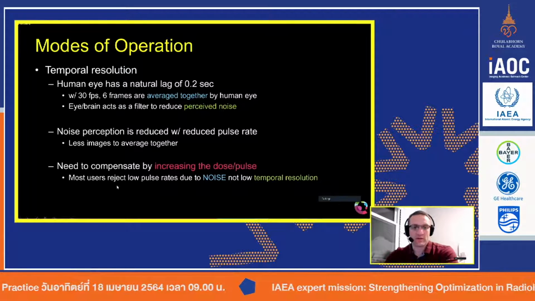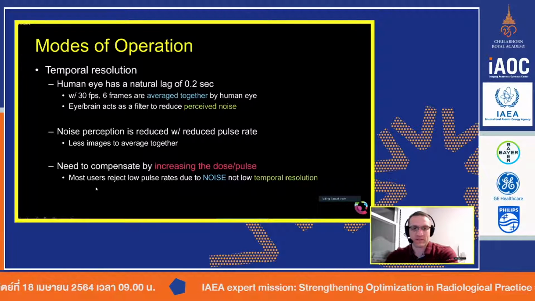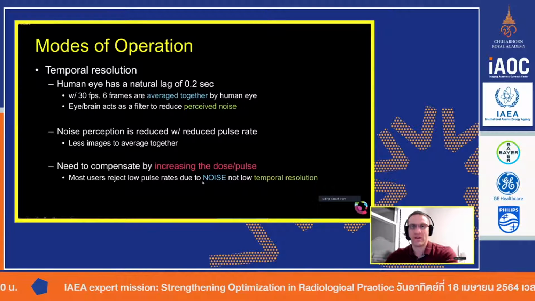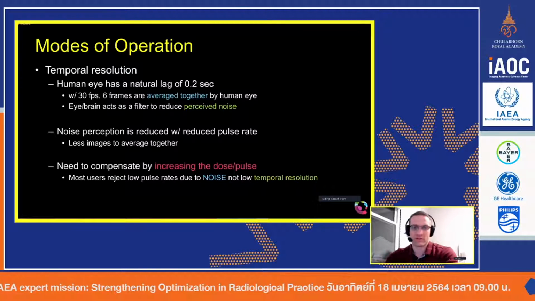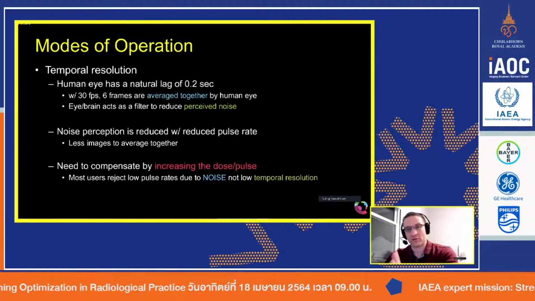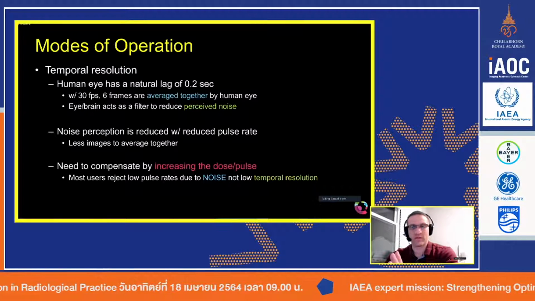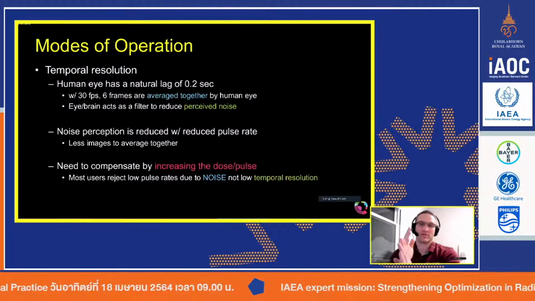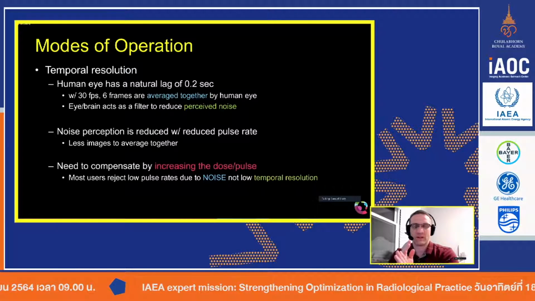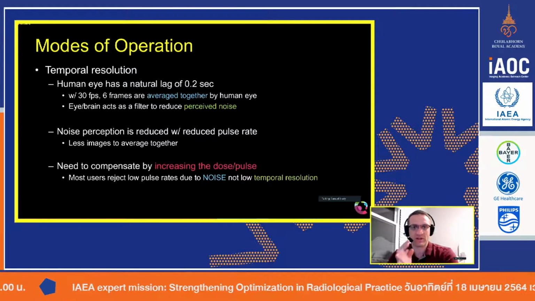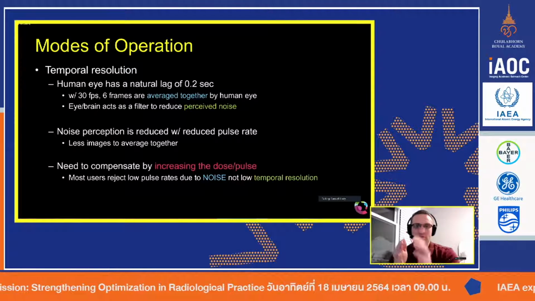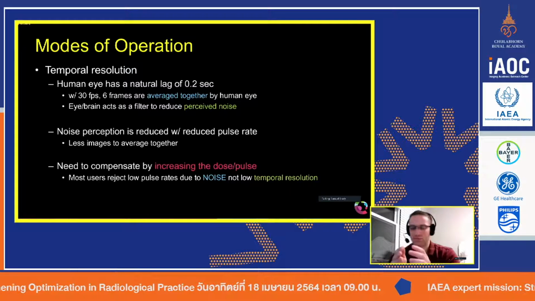Sorry, I had one more point I needed to say. We've done different studies. A lot of people have looked at this. We personally have talked to a lot of our interventional radiologists and cardiologists about this. And when it comes down to low pulse rates, people have often said, I can't use a low pulse rate to do my fluoro procedure, not because of the low temporal resolution, the choppiness of it, the slowness that the images are presented on the monitor.